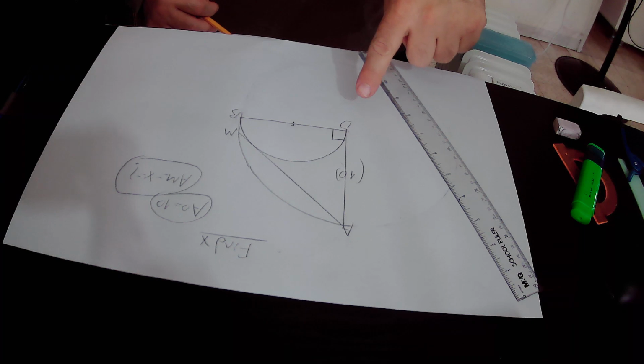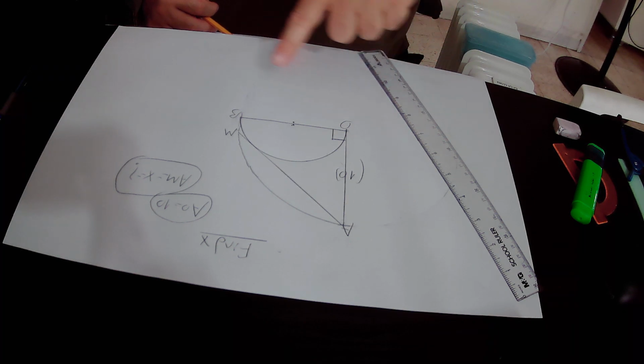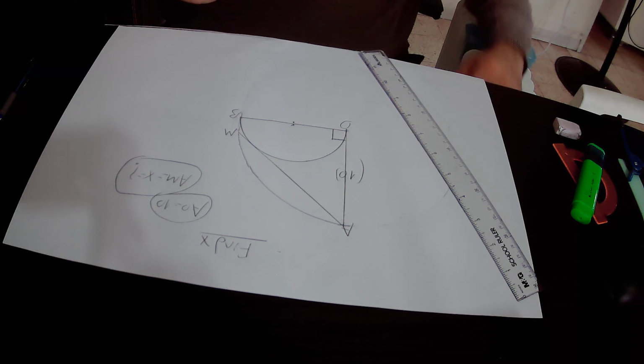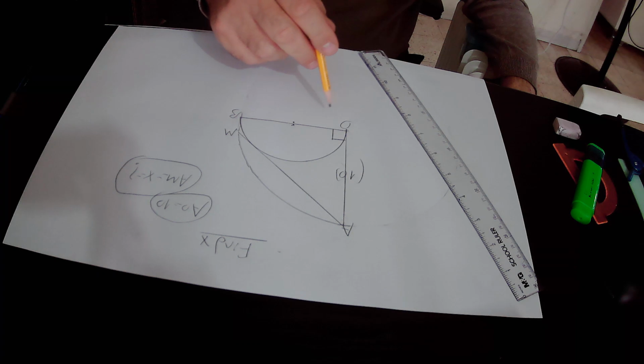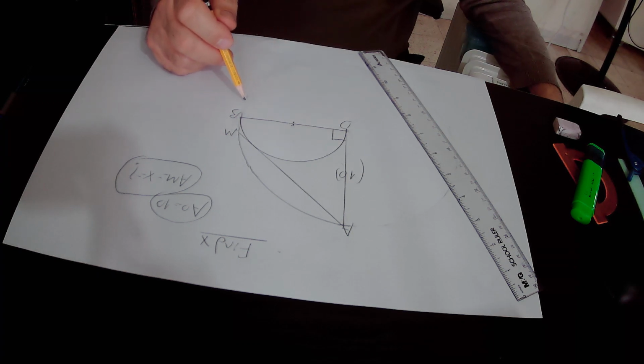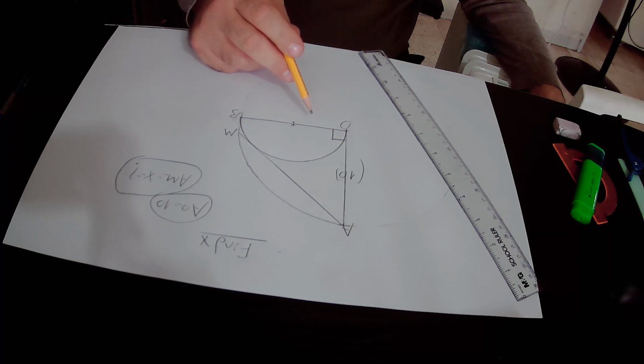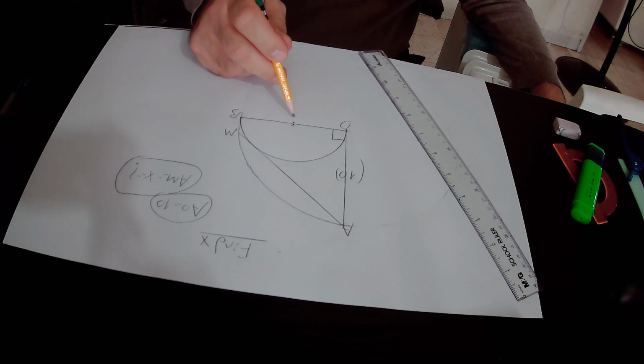But AO equals 10 units, therefore OB also equals 10 units. But the radius of this quarter circle OB is also the diameter of this semicircle. So the diameter OB equals 10 units, and therefore the radius of this semicircle will be equal to 5 units. We define the center of this circle as point P.